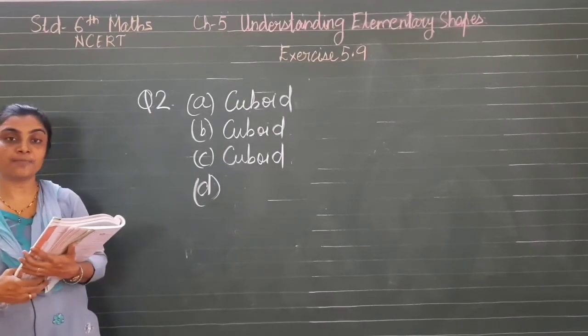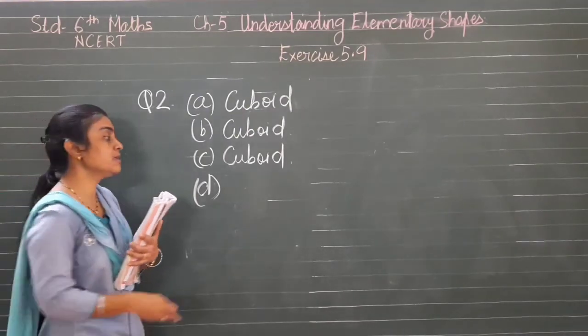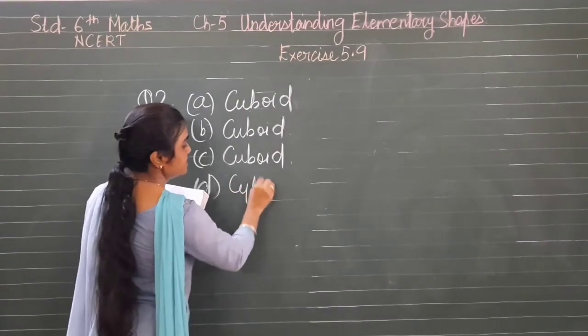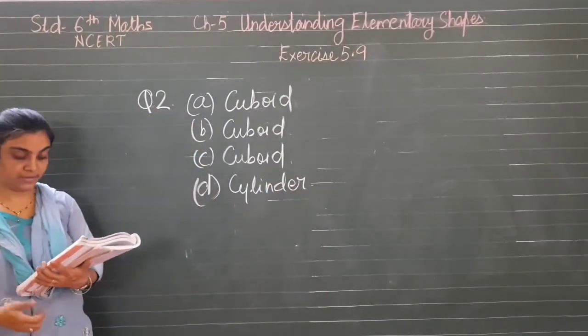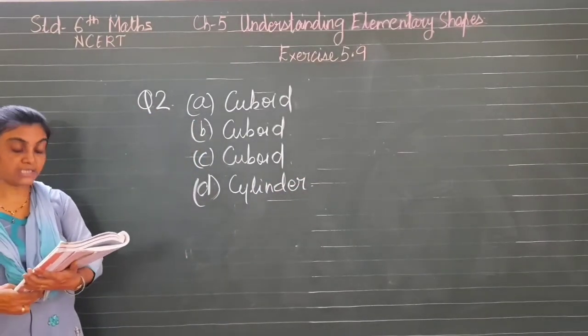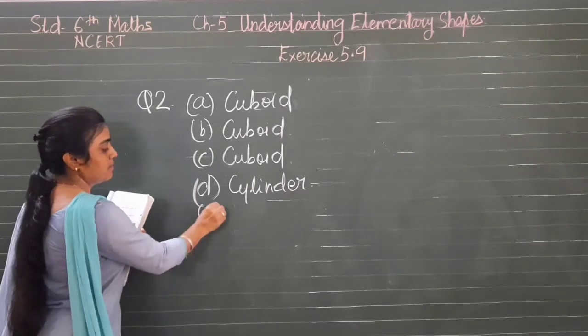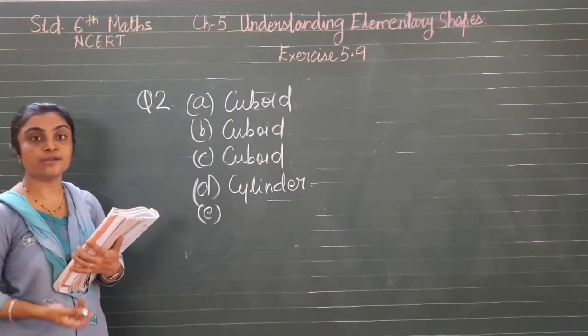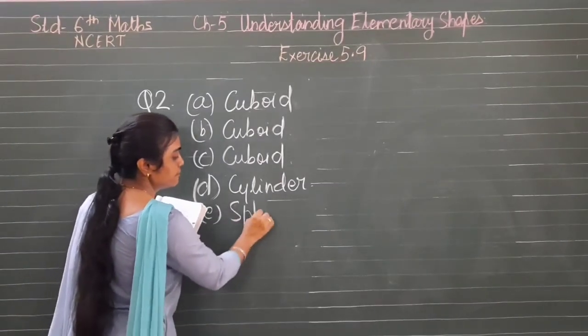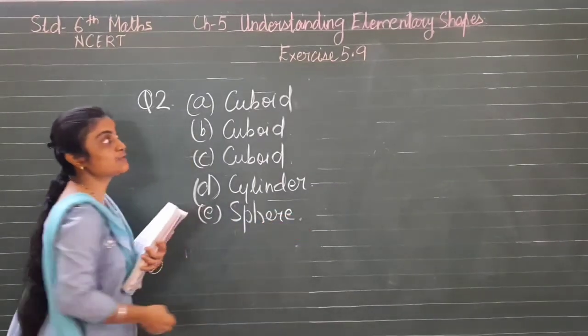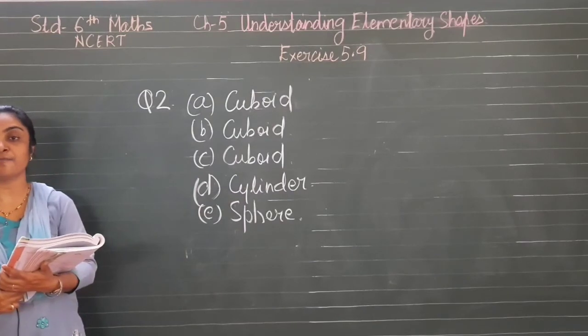So the shape of the road roller is cylindrical. So the shape is cylinder. Both the sides are curved surface. E. A sweet laddu. So you have seen laddu also and you like laddus also. Laddu is the shape of a sphere. So this was about exercise 5.9.